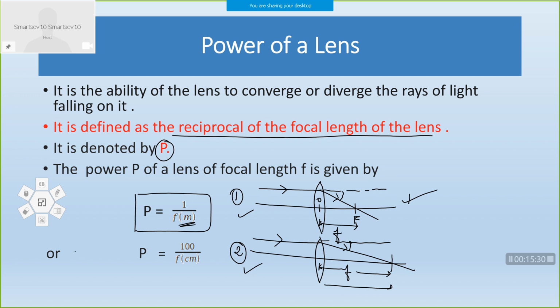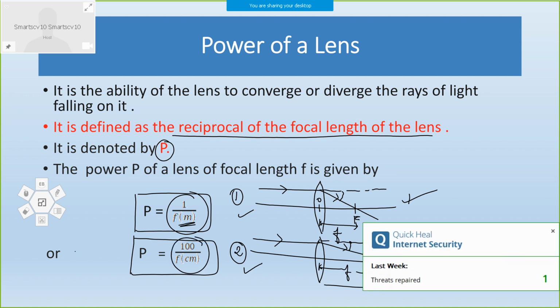If the focal length is in meter, then you use the equation 1 by F, and if the focal length is in centimeter, then you have to use the equation 100 by F.